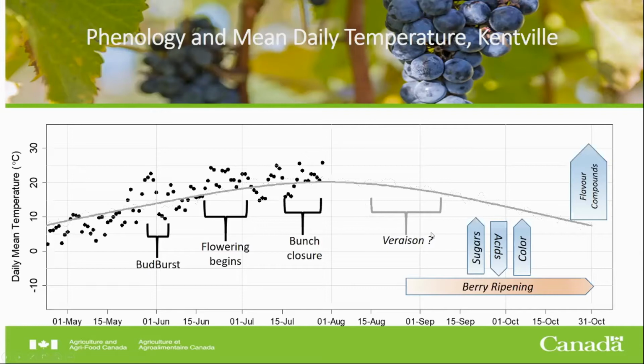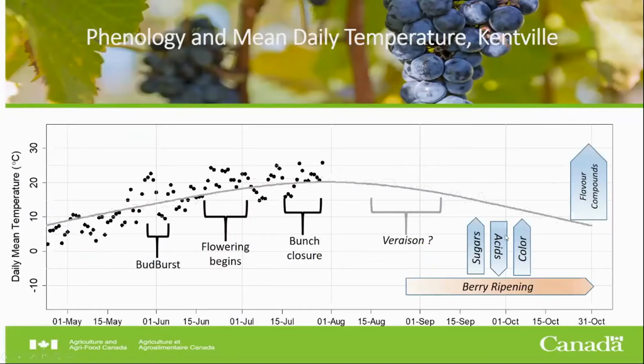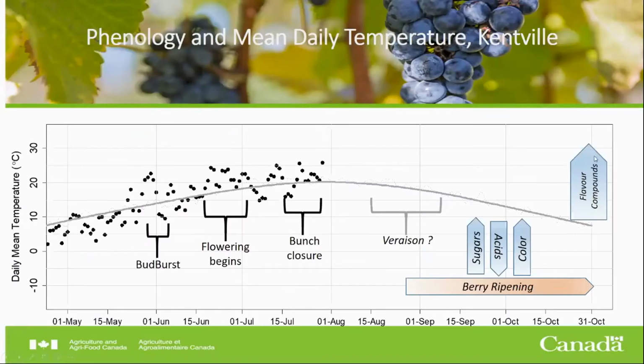Because the quicker we can get into veraison, the quicker we can get through all of these components of the berry ripening stage. So the increase of the sugars, the lowering of the acids, increase in color, and of course, right at the very end of that process is where the flavor compounds develop.